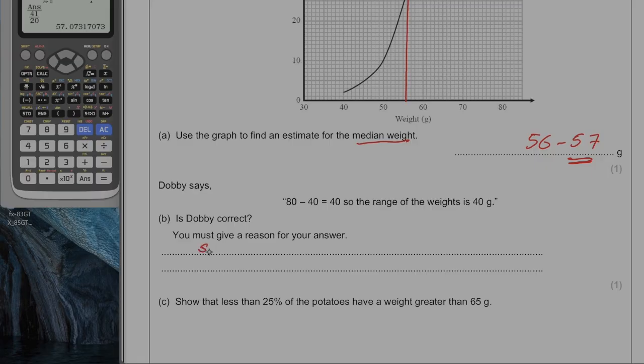So we don't know that the max weight is 80 or the min weight is 40.